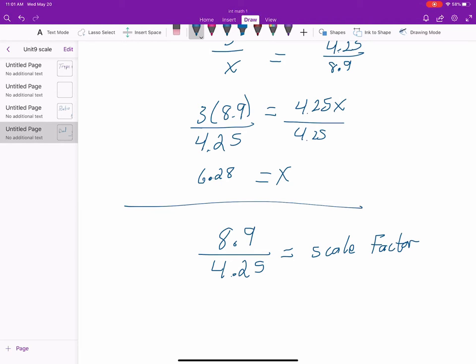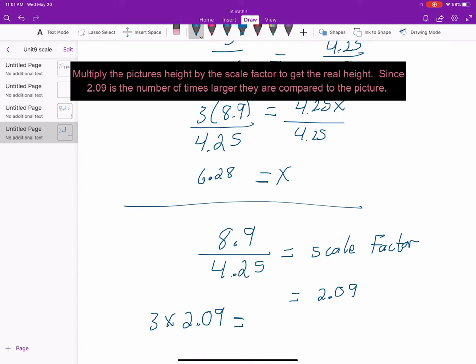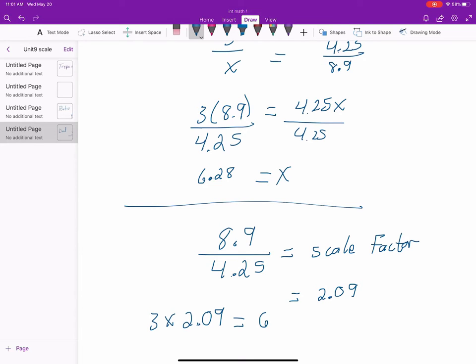So if I go 8.9 and I divide that by 4.25, I get 2.09. So that means I should take the 3 inches, which was how much the dad was, and multiply that by 2.09. And that will tell me what his height is. So if I go times 3, I get 6.28. No surprise, you should get the same answer.